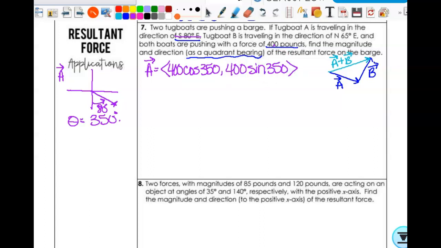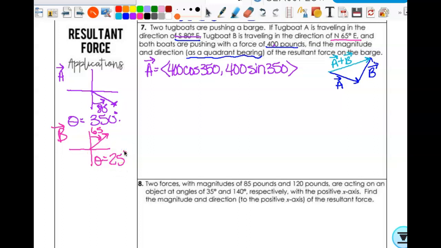Then we're going to pause there. We're not going to push buttons on the calculator yet, because I need to deal with vector B. So vector B, we are traveling here north 65 degrees east. So this is 65, which means that theta is what? 25 degrees.